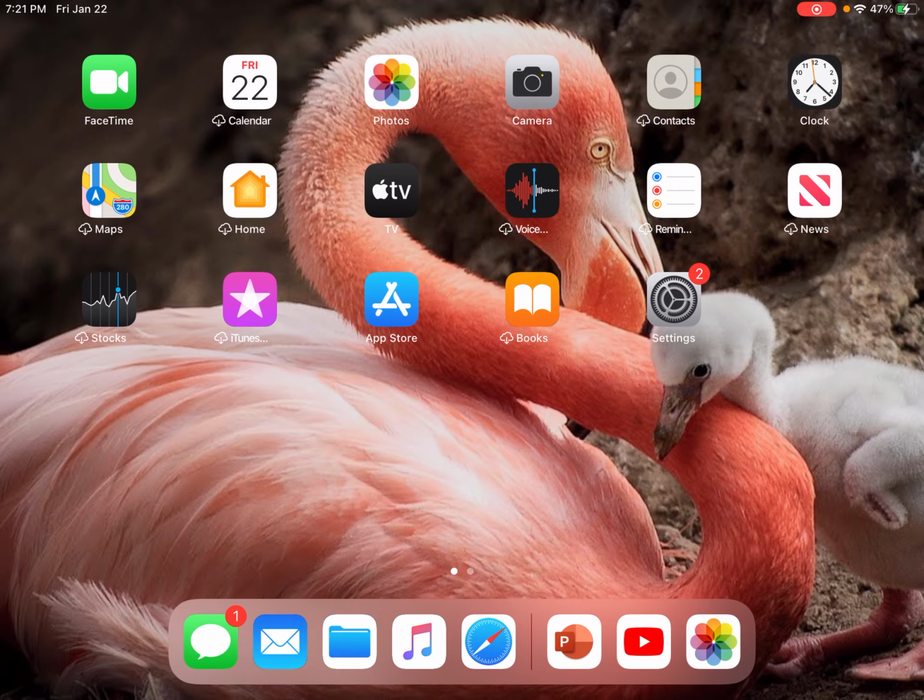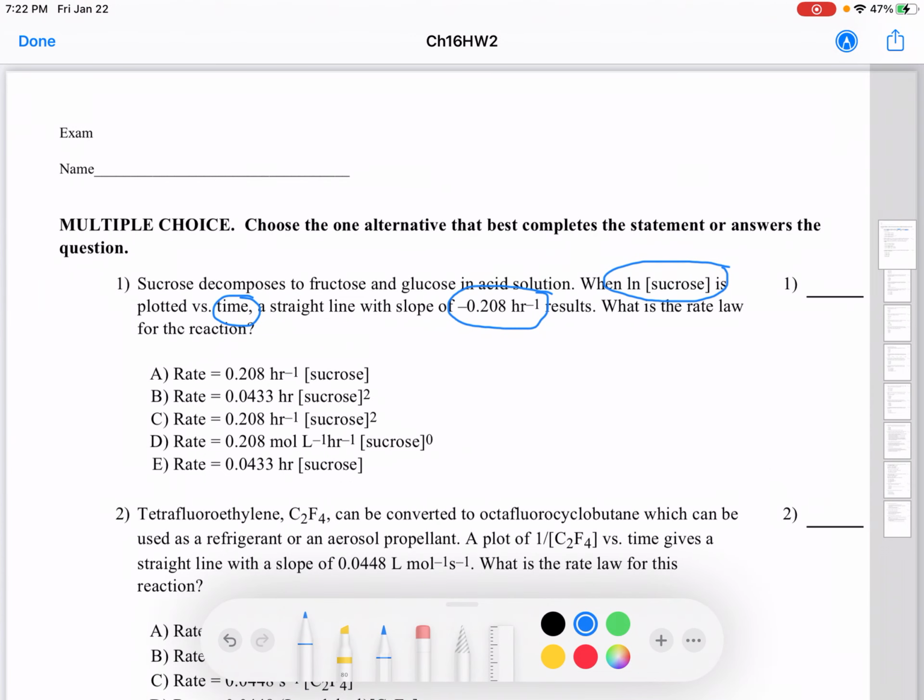Okay, so with that in mind, we can go back to our question. Here the slope is negative 0.208 per hour, and the graph was plotted ln sucrose versus time. So with those two pieces of information, we know this is a first order reaction. So in that case, what is the rate law for the reaction?